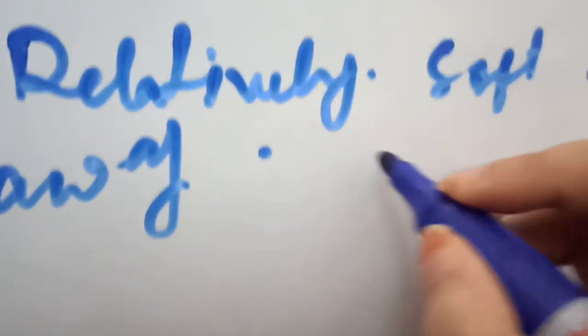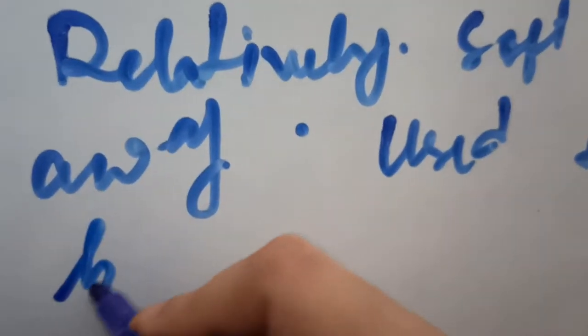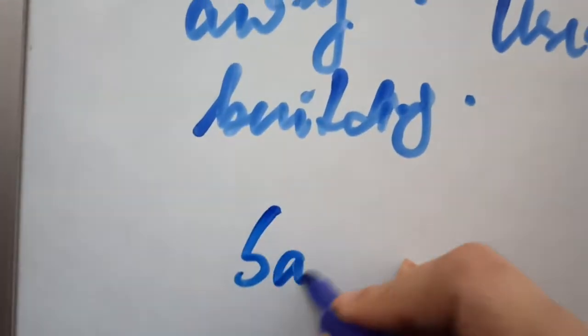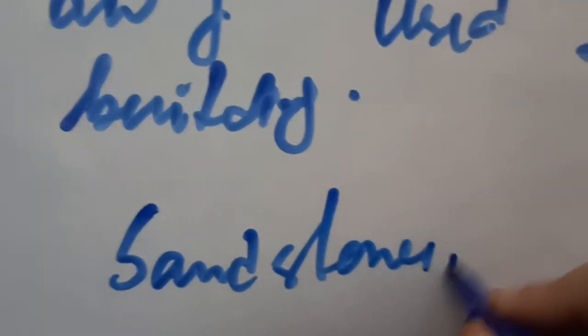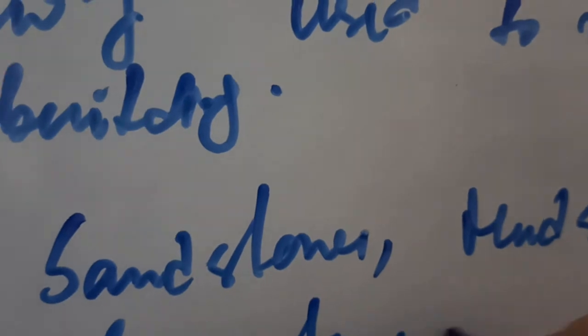The sedimentary rocks are also used to make houses and buildings. Examples of some of the sedimentary rocks are sandstone, mudstone, and limestone. The limestone is used to make cement also.